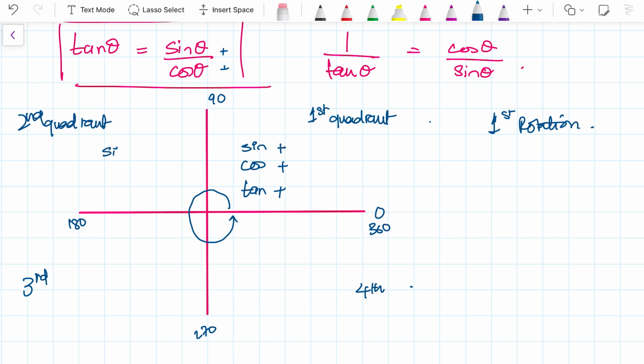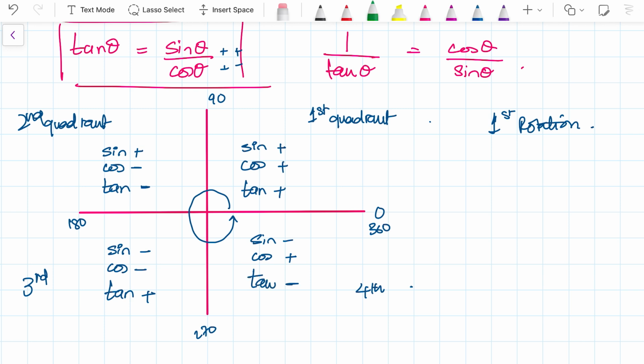In the second quadrant, sine is positive. Cos is negative, and plus upon minus eventually results in a minus. So tan is negative. Sine is negative in the third quadrant. Cos is negative in the third quadrant. And minus cancels out, so tan is going to be a plus in the third quadrant. In the fourth quadrant, sine is negative, cos is positive, and tan eventually becomes negative.